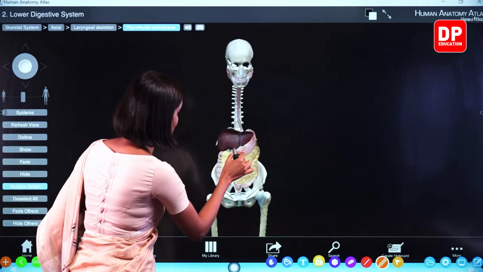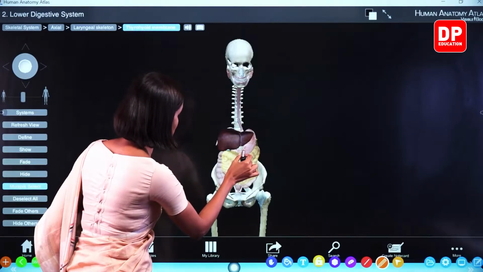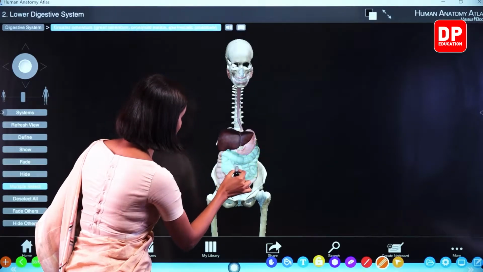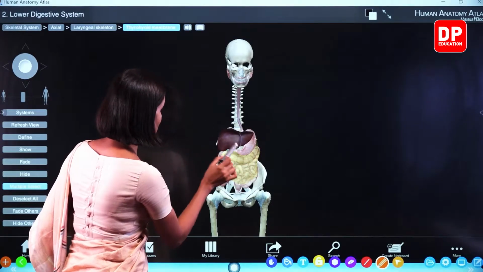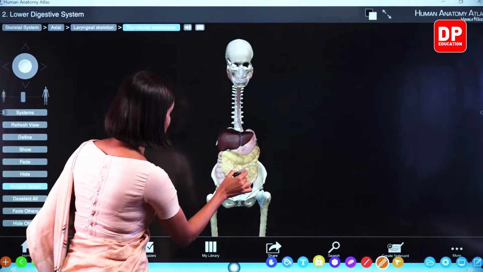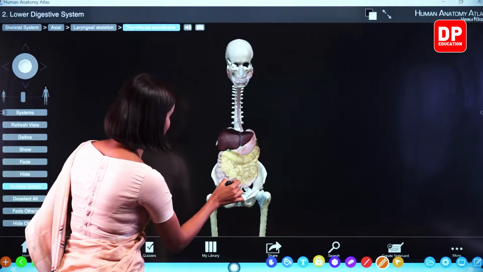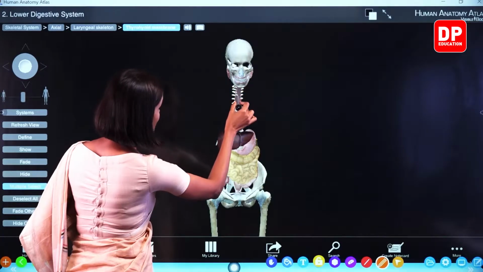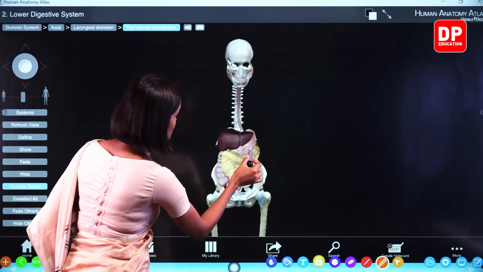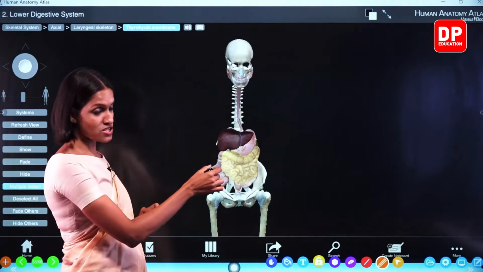From there, the stomach. Now, from here, you can't see it properly. The stomach connects to the small intestine. Now, this is the small intestine, what I colored. Right? This is the small intestine. So food comes from the mouth cavity, through the pharynx, through the esophagus to the stomach. Then what happens, children?